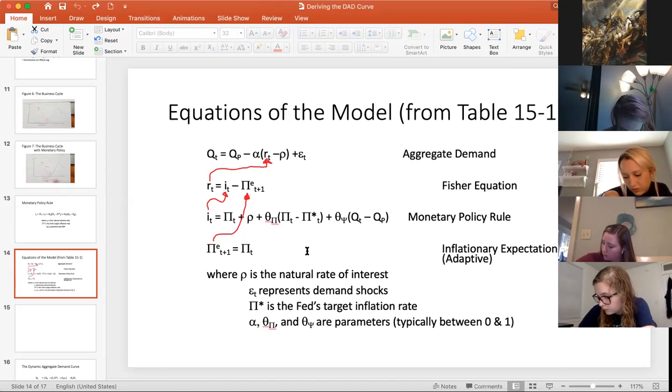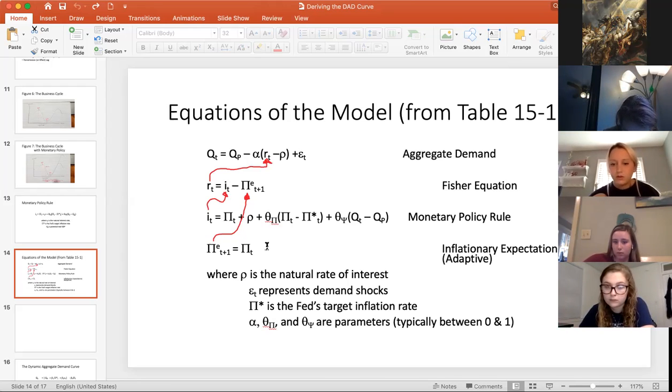And we don't know for sure what the future holds. So people, economic agents, have to make predictions about the future. Okay, that's what we're doing here with this fourth equation in the model.